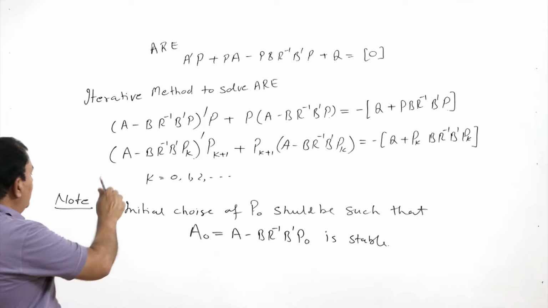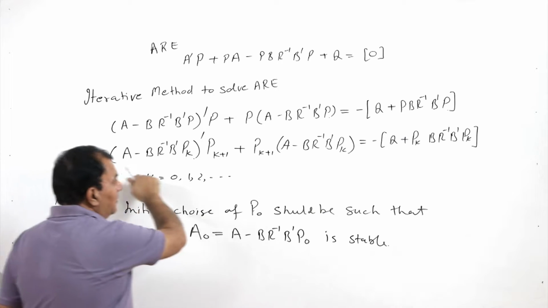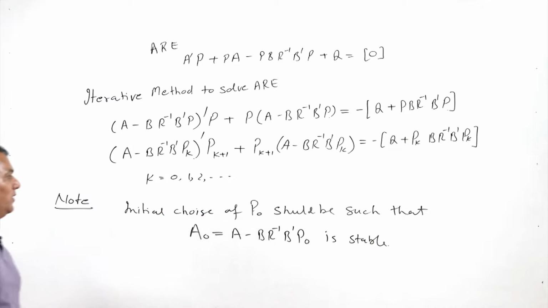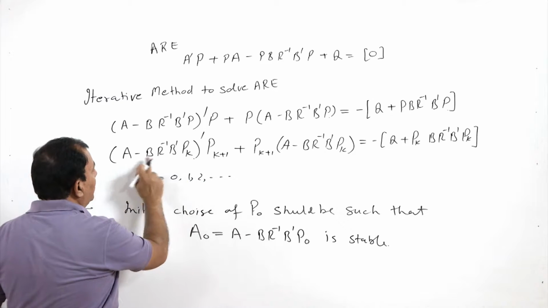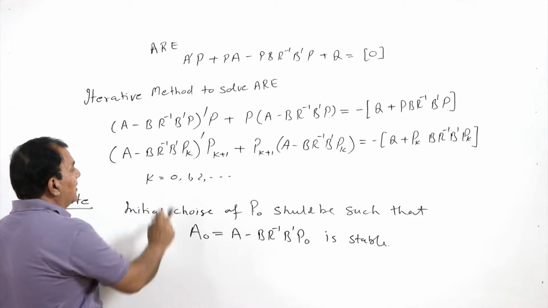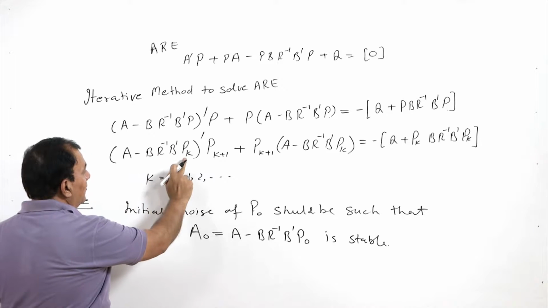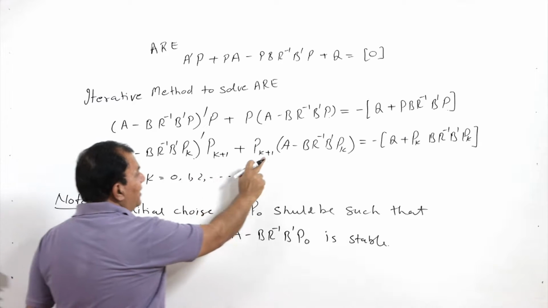What we are saying is, we have written this as my iterative equation. This means for k equal to 0, that will be my first choice; when k equals 0 I am finding the P1.